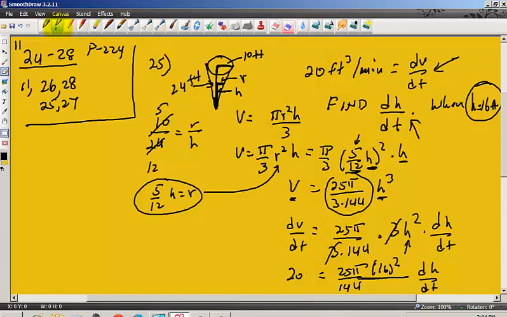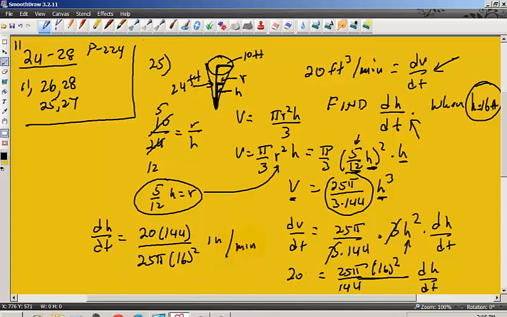Since I'm solving for dh/dt, I'm going to divide by this, which means it's going to multiply. So my dh/dt will look like this: 20 times 144, all that over 25 pi times 16 squared. Since this is height, I had to put units in there, and the units are going to be inches per minute.